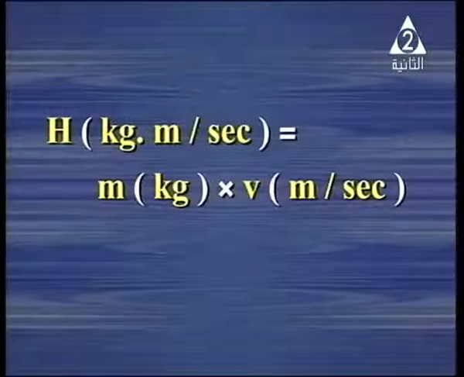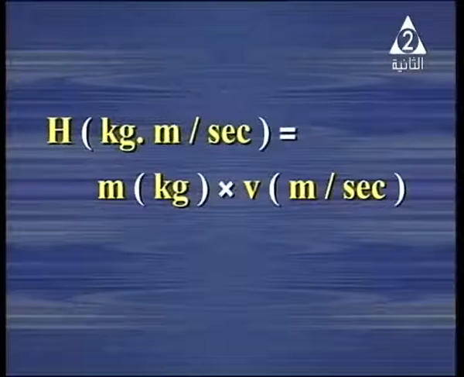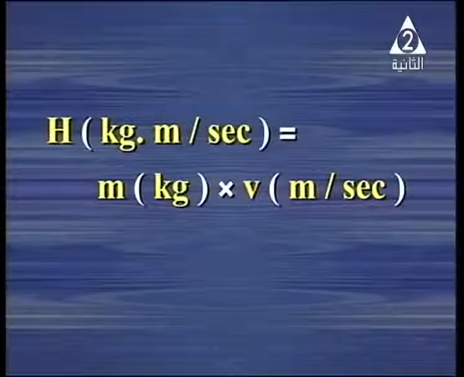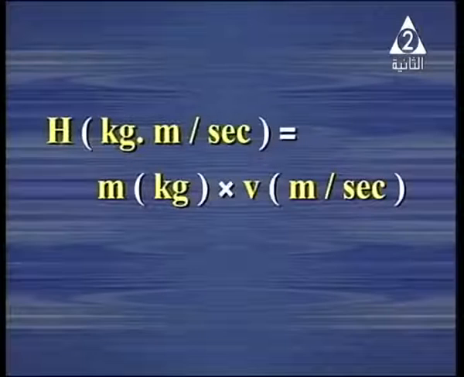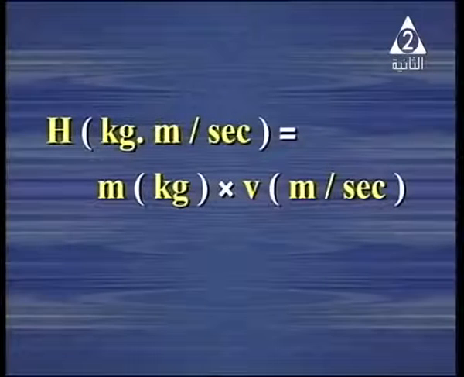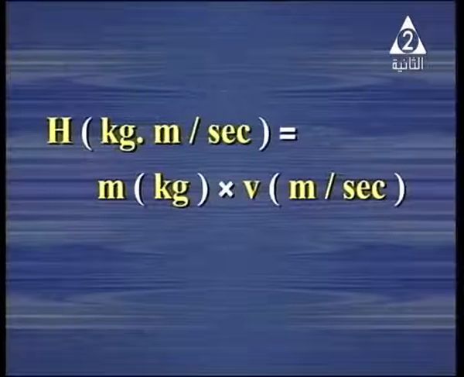Mass unit is kilogram, but velocity in this case is meter per second. When we multiply the unit of mass times the unit of velocity, we derive the unit of momentum: kilogram meter per second.